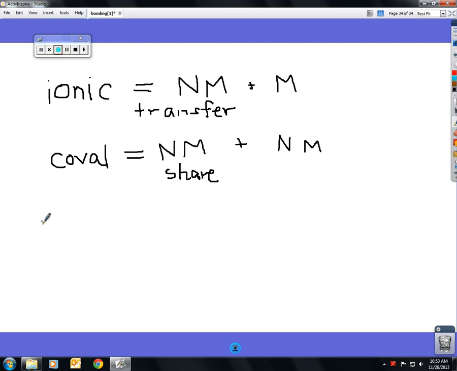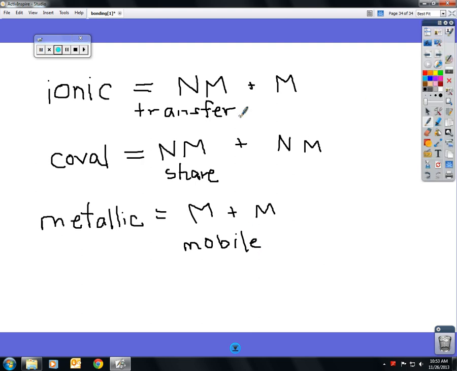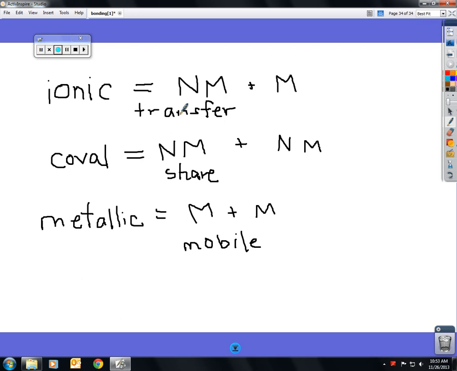Metallic bonds are when a metal bonds with a metal, and these electrons are mobile, meaning they can jump from level to level inside the atoms.